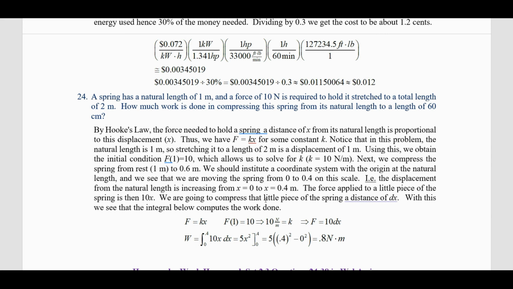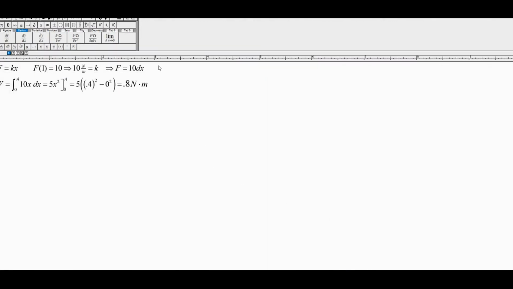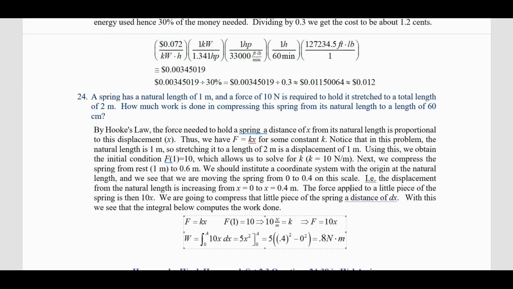The force applied to a little piece of the spring is then 10x, and we're going to compress that little piece a distance of dx. And with this, we see the integral computes the work done. So the force is 10x, it's moved a distance of dx, and we go from 0 to 0.4.